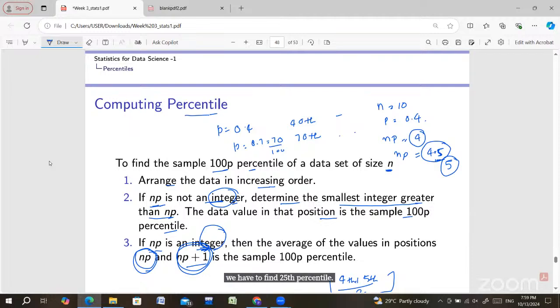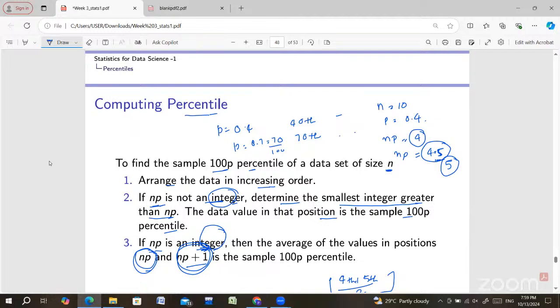Usha ma'am has told in the lecture that there are two ways: one formula is np and the other is the Google Sheets algorithm. Can you please tell me more? I was facing difficulty solving with those algorithms. In Google Sheets.